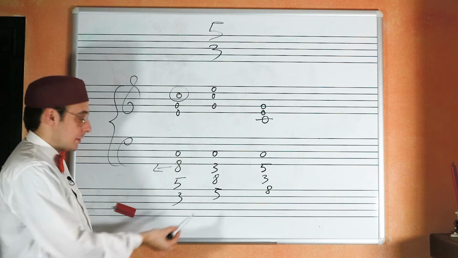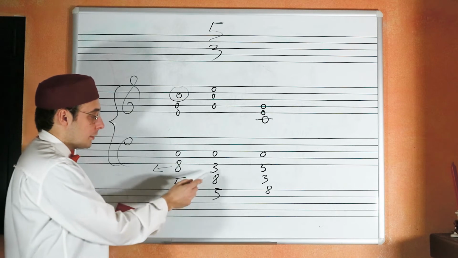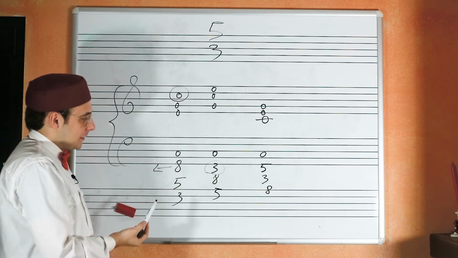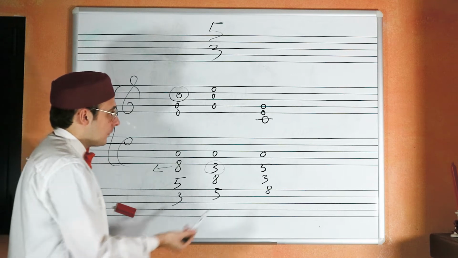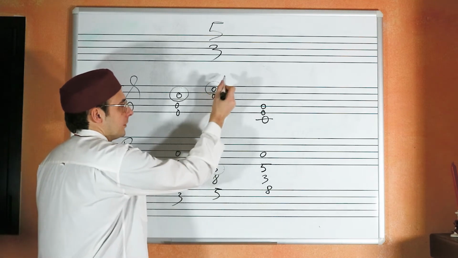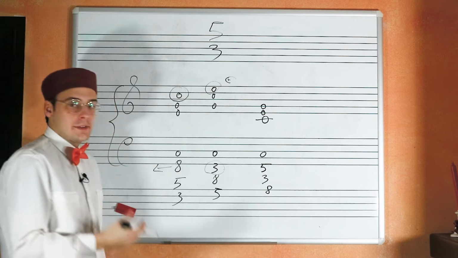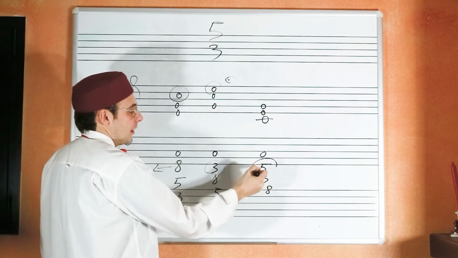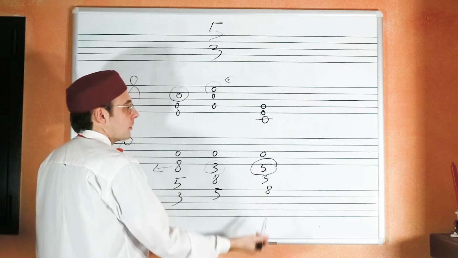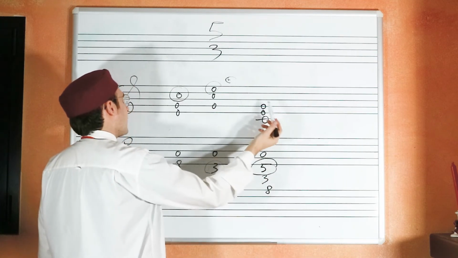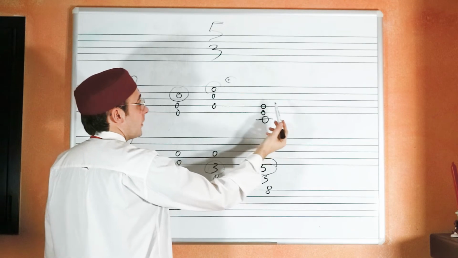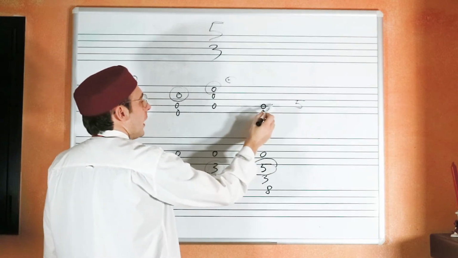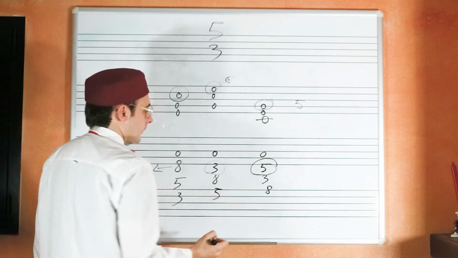Another case can be the second, when in the upper voice I have the 3. It may indicate that in the upper voice I have to play the third, so in this case the E. And the third situation is when I have the 5 as the top number, so it means that I have generally to play the fifth in the upper voice.